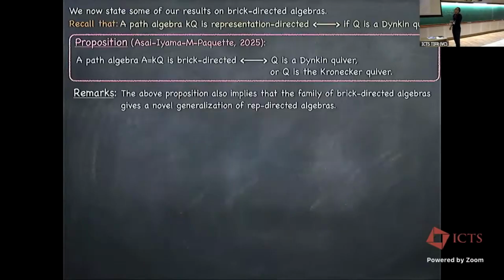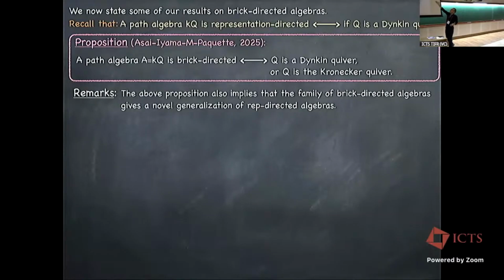And now let's look at the first result. I recall what we saw earlier: a path algebra was representation directed if and only if the quiver was a Dynkin quiver. By just changing your perspective and focusing on all indecomposables and caring about whether or not they fall on a cycle, we looked at bricks and looked at whether or not they fall on a cycle of bricks.